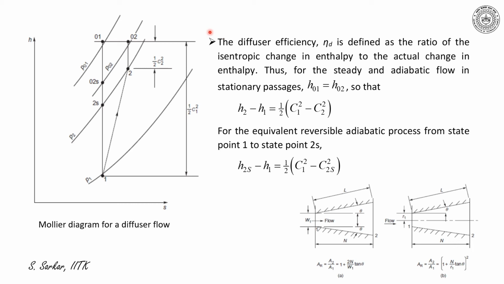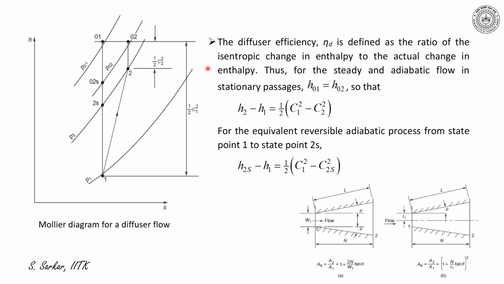The diffuser efficiency eta D is defined as the ratio of isentropic change in enthalpy to the actual change in enthalpy in the process of diffusion, considering the steady and adiabatic flow in the stationary passage, that is within the diffuser.